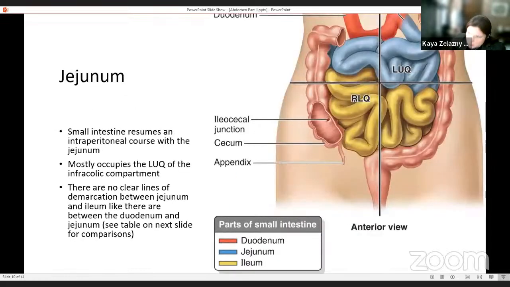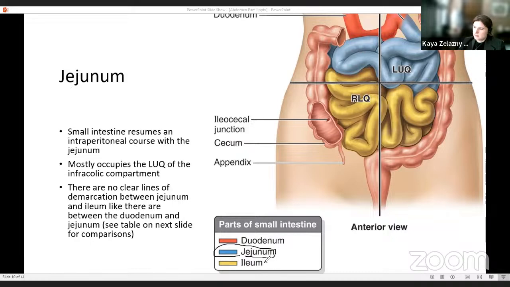So after our duodenojejunal flexure, we are in the jejunum. That's going to be our second part of the small intestine. Here in this image, our jejunum is everything in blue. Our duodenum is in red, like the actual red. This pinker stuff is colon.